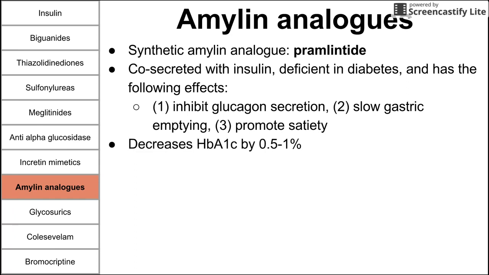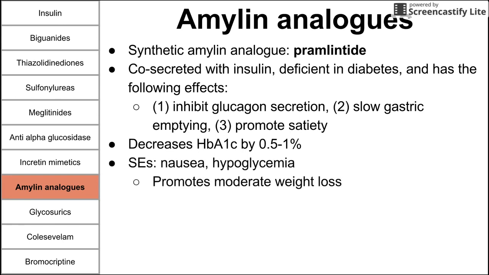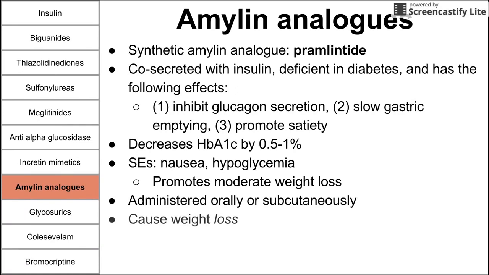So these amylin analogs act like the endogenous molecule amylin, and have these three effects. The synthetic version is called pramlintide, and it decreases HbA1c by a modest amount again, 0.5 to 1%. Side effects here are nausea and hypoglycemia. These can also promote moderate weight loss, which can be desirable. And these are administered subcutaneously.